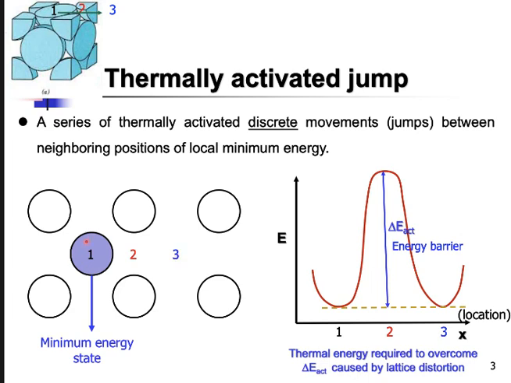As you know, location 1 and location 3 are lattice points. So when you draw the energy as a function of location x, you can observe that location 1 and location 3 have minima energy.